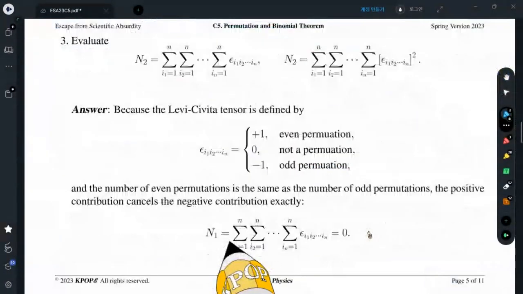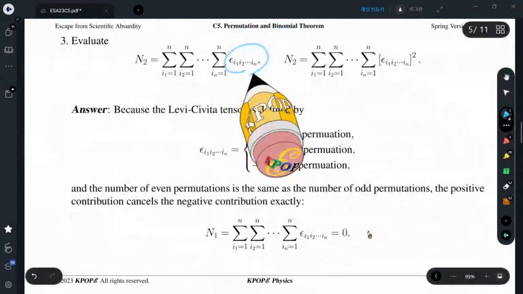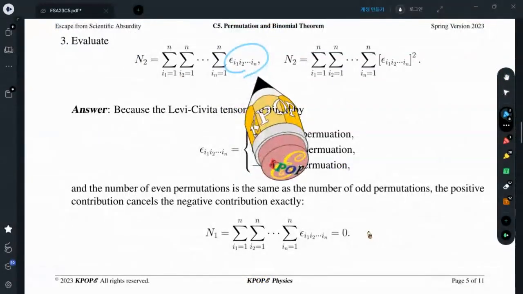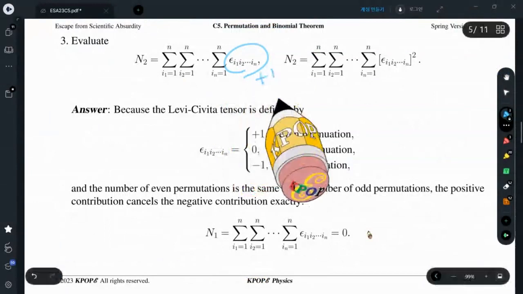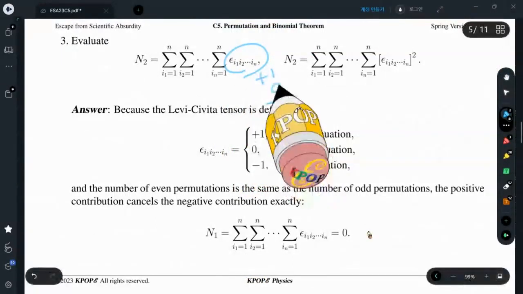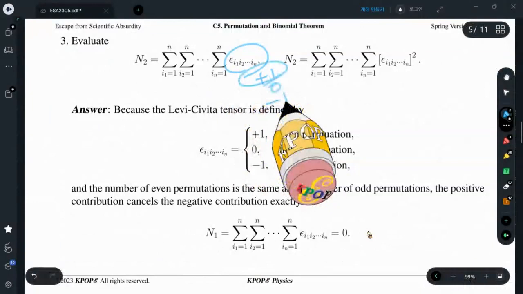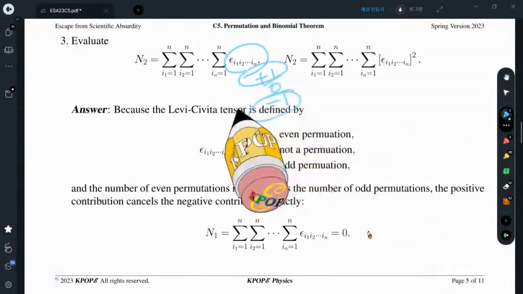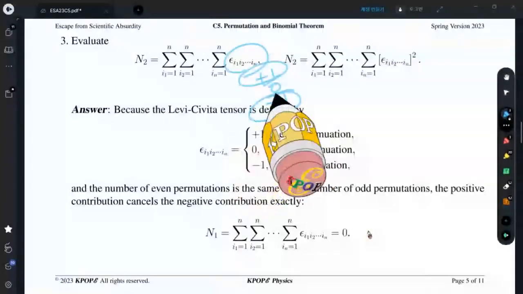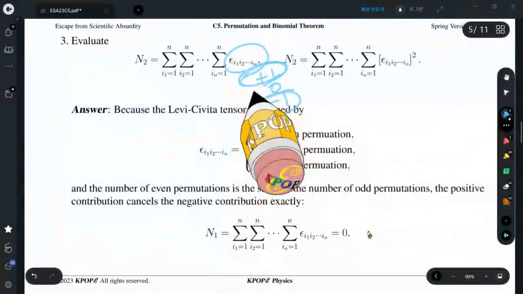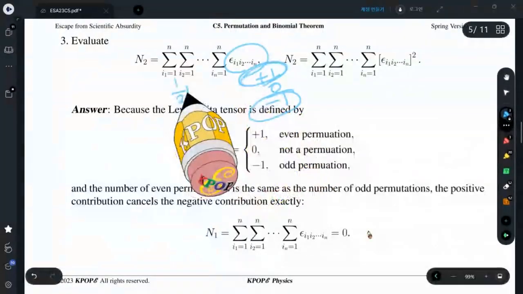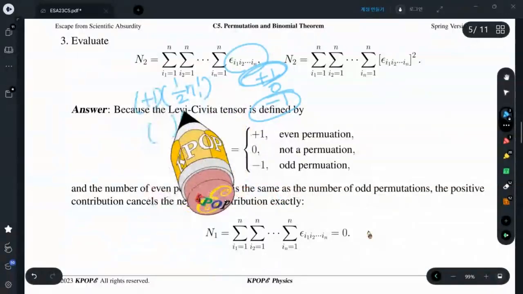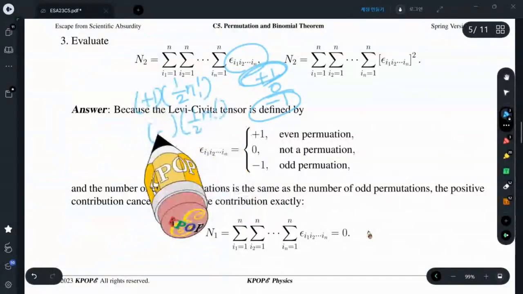Evaluating, we have epsilons. Because we have epsilons, everything is either +1 or -1 or 0. I told you the number of even permutations and the number of odd permutations are the same. So we have 1/2 n factorial of +1 and 1/2 n factorial of -1.